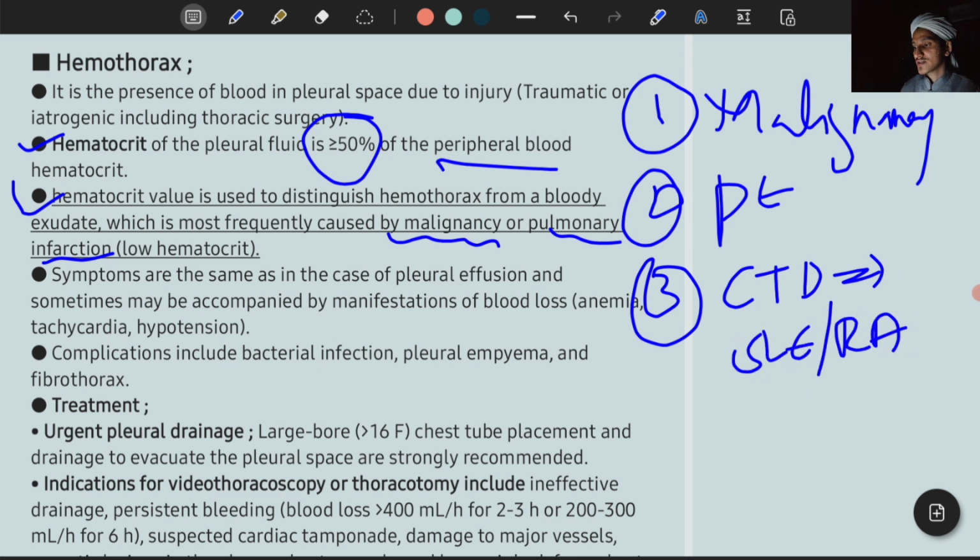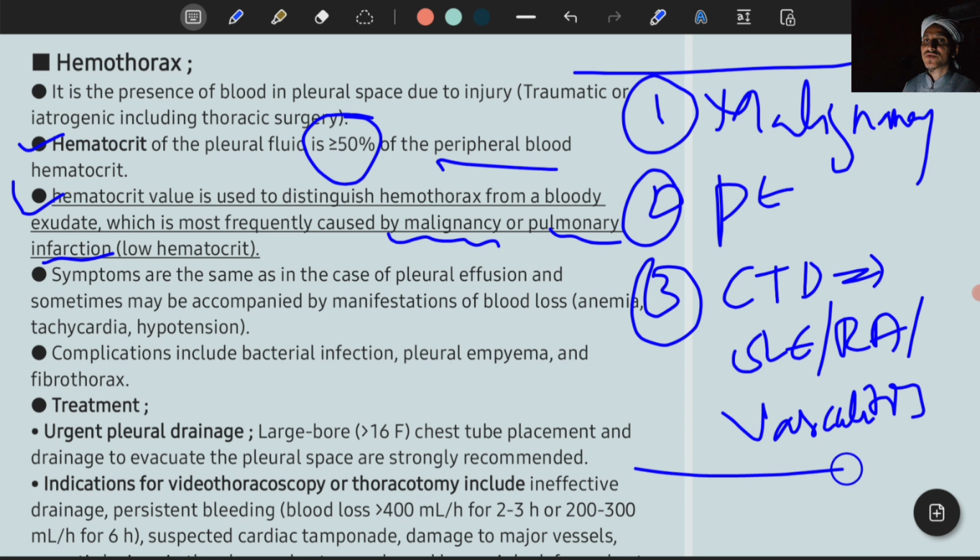In these you will see bloody exudate, pseudo hemothorax.